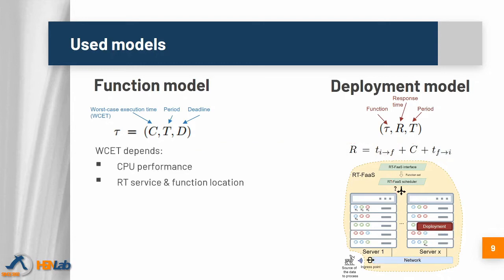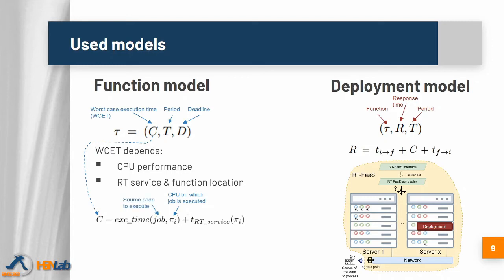And now let's see how we could calculate the worst case execution time of the function. It depends on the performance of the CPU which executes it, and whether it calls a real-time service or not. The formula of this is here, where pi is the CPU on which the function is executed.